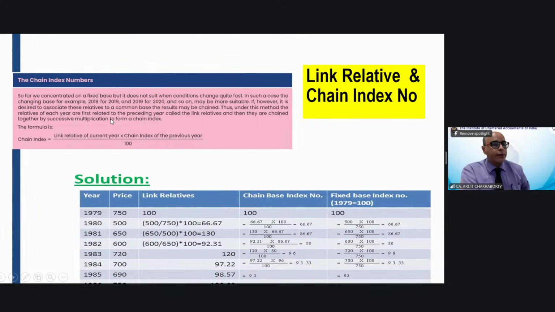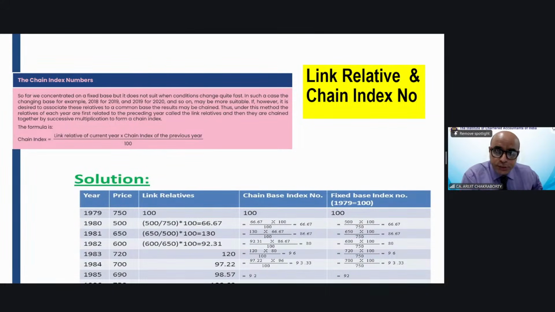We will multiply it by the chain index of the previous year. So 66.67, which is the link relative of 1980, it is multiplied by the chain base index of 1979, and we divide it by 100. So we are getting the chain base index number of 1980, which works out to 66.67.